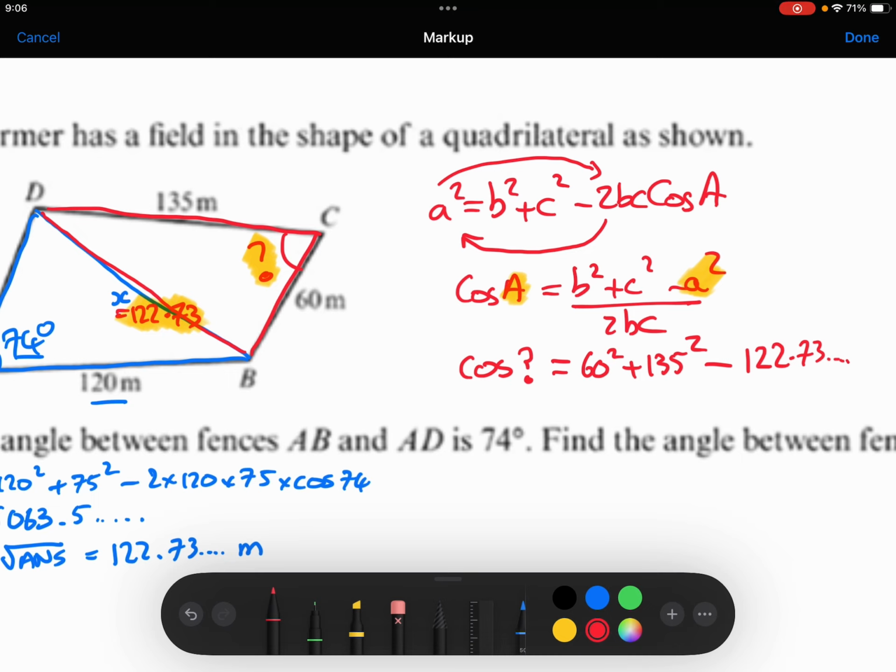And the A is the 122.73, but better than that, I've still got the display on my calculator, so I'm not going to do any rounding. I'm just going to use the answer display that's already stored in my calculator. Try and avoid rounding as much as you possibly can with these questions, until the very, very end.